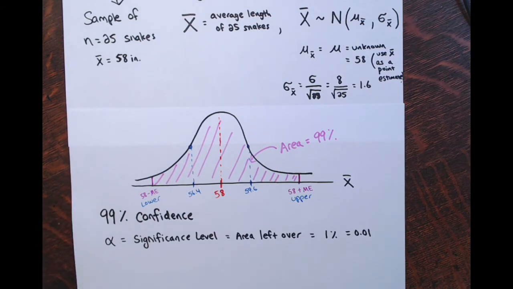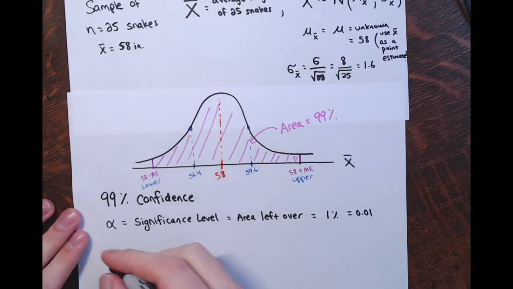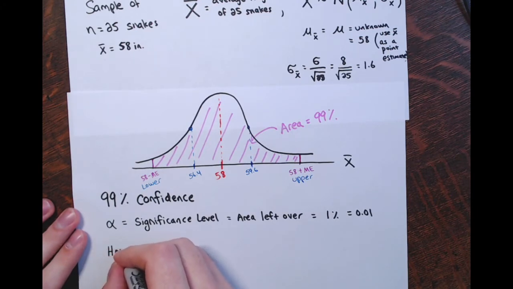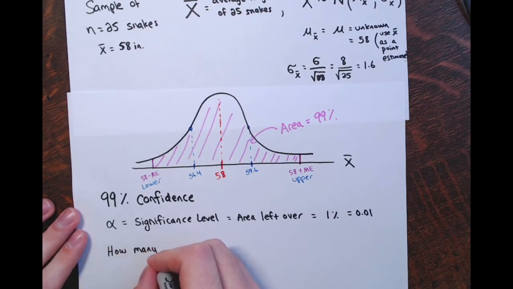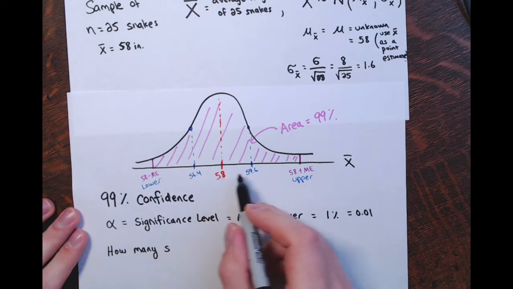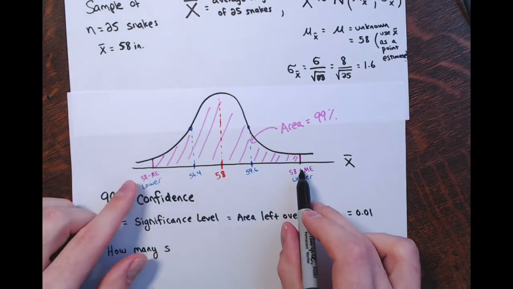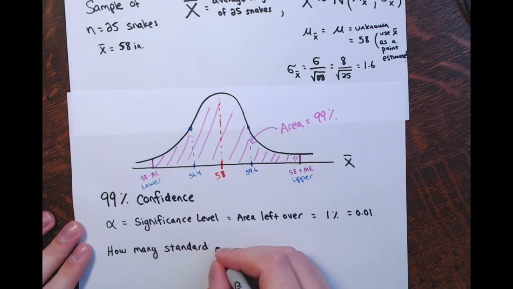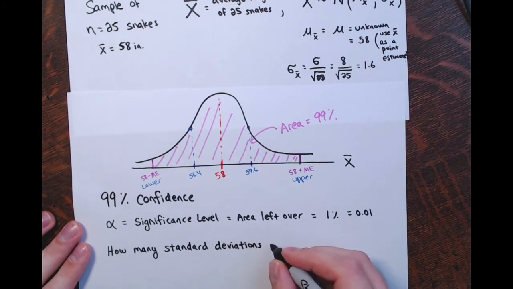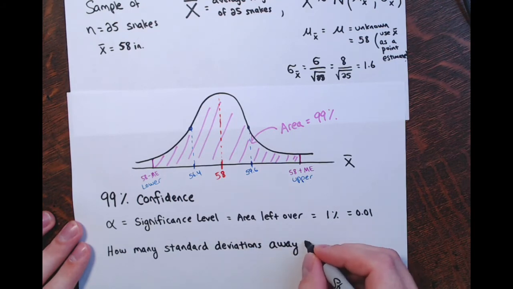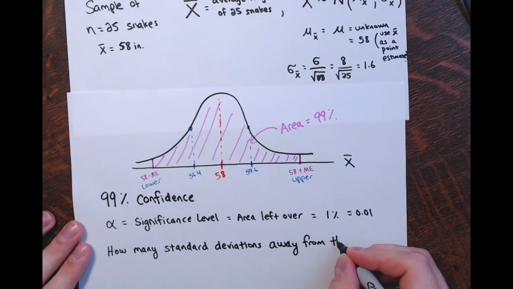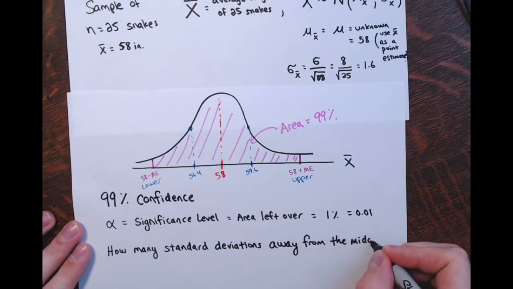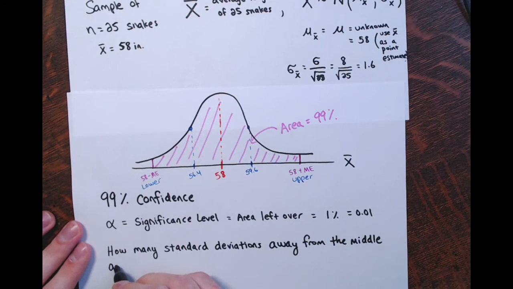What I want to find out is how many standard deviations away from the mean, or away from the middle, are the ends of my confidence interval?